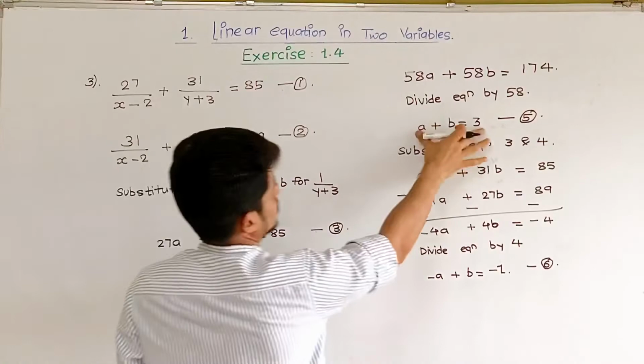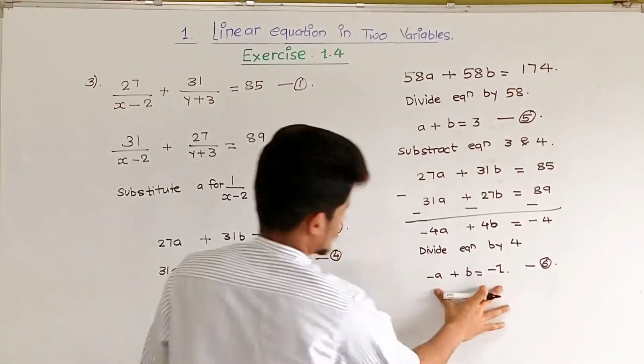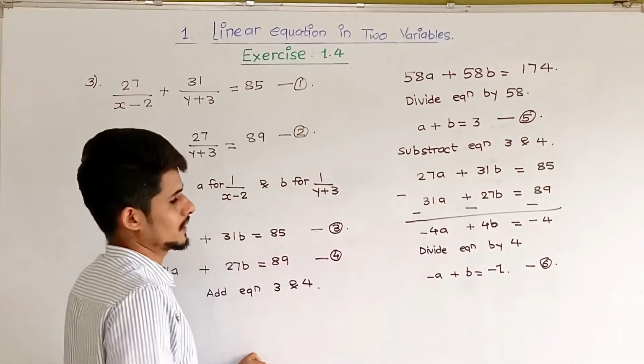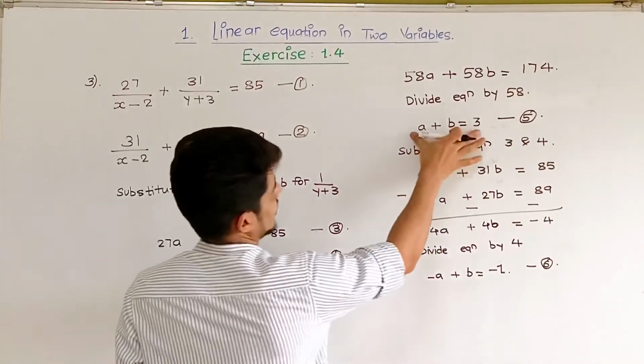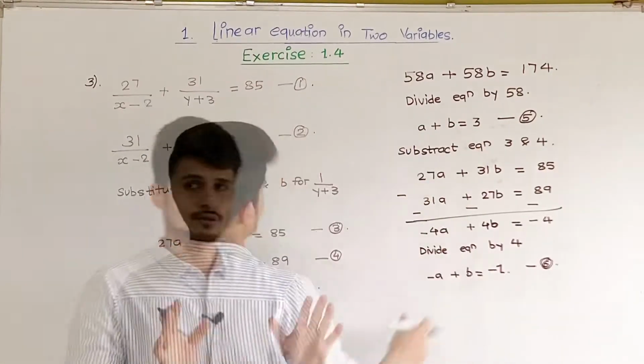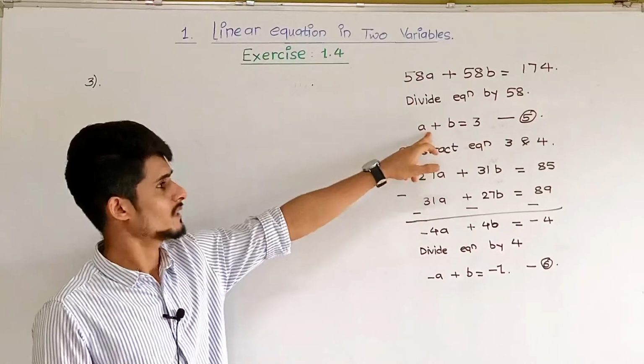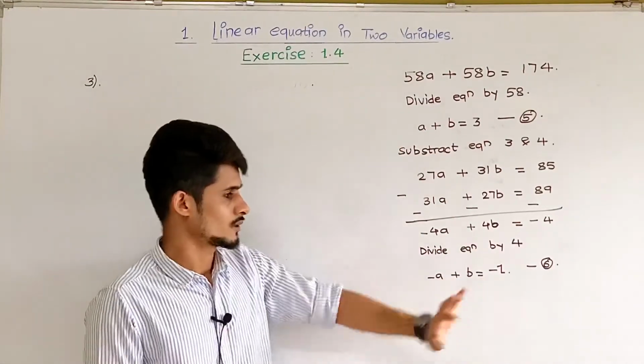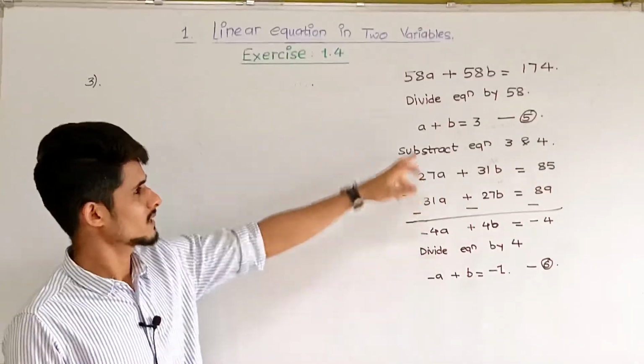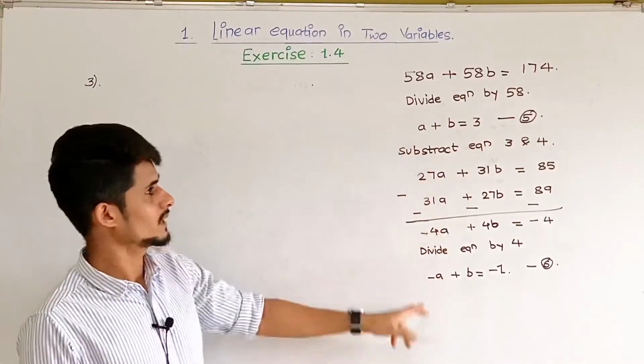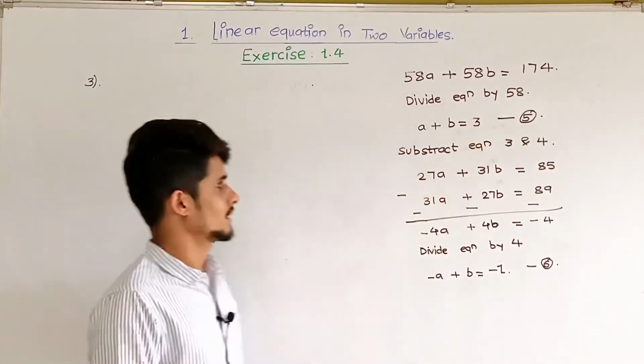Now we'll solve equations 5 and 6 by the elimination method, that is we'll add equation 5 and equation 6. By adding, the variable a will be eliminated and we'll find the value of b.